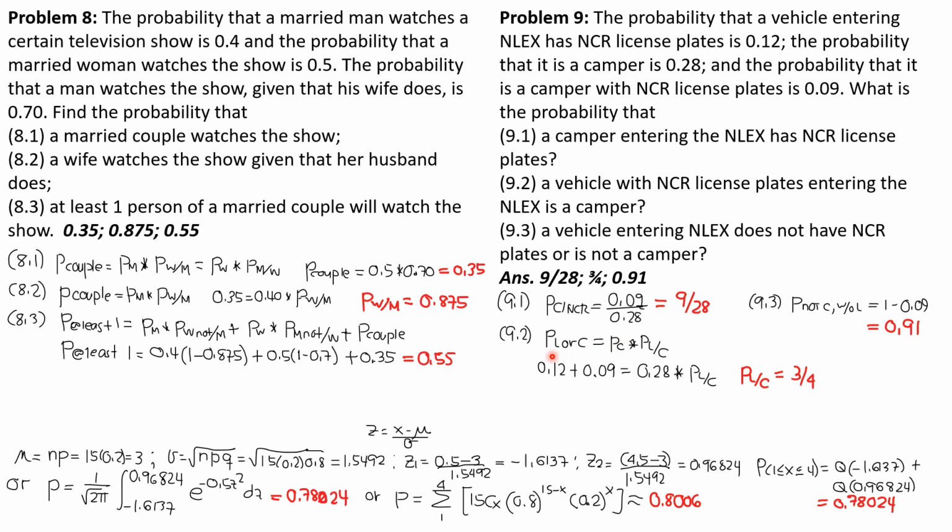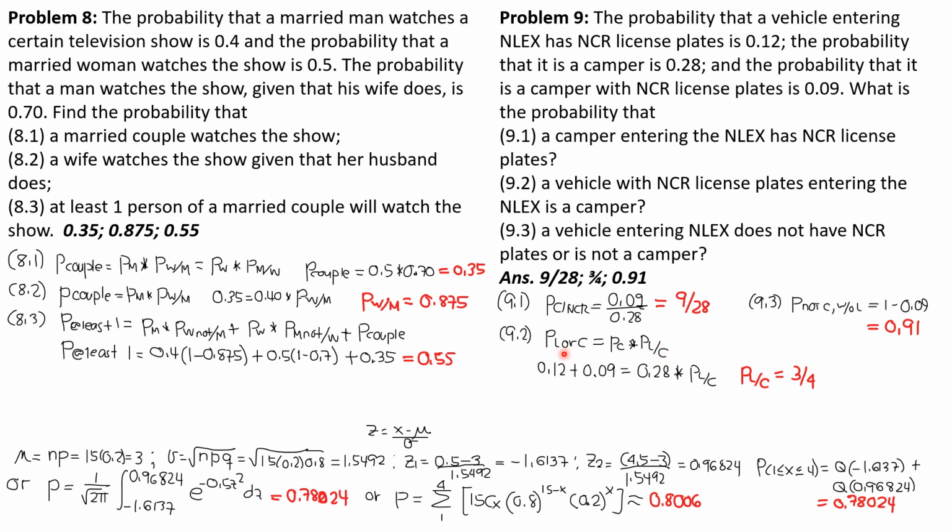So it is the probability that the vehicle has a license plate or it is a camper. This is equal to the probability that it is a camper times the probability that the vehicle has license plates given that it is a camper, plus the or term.